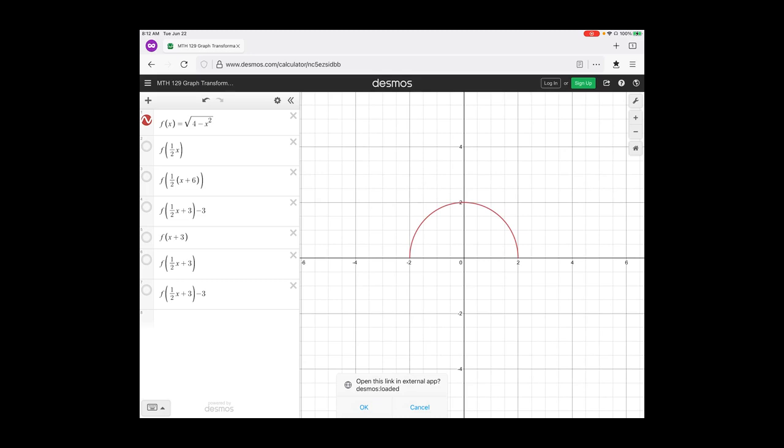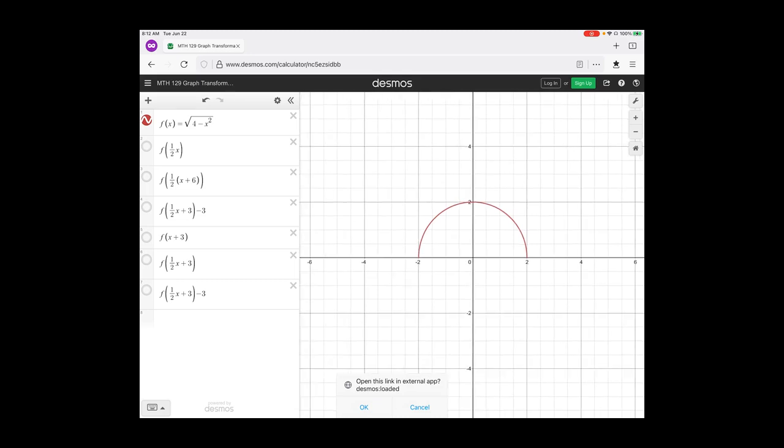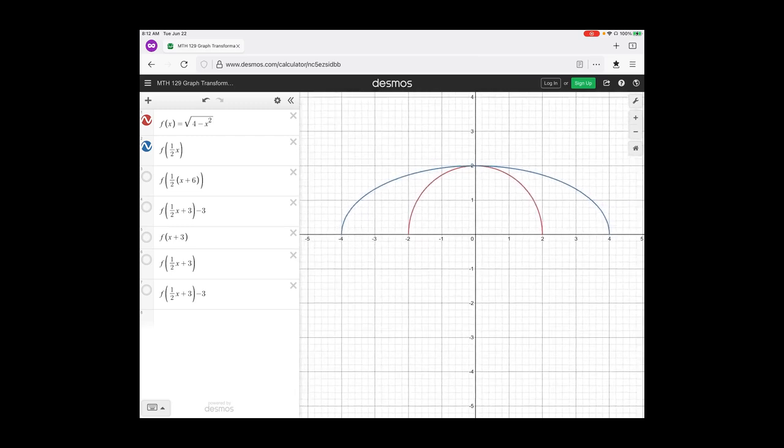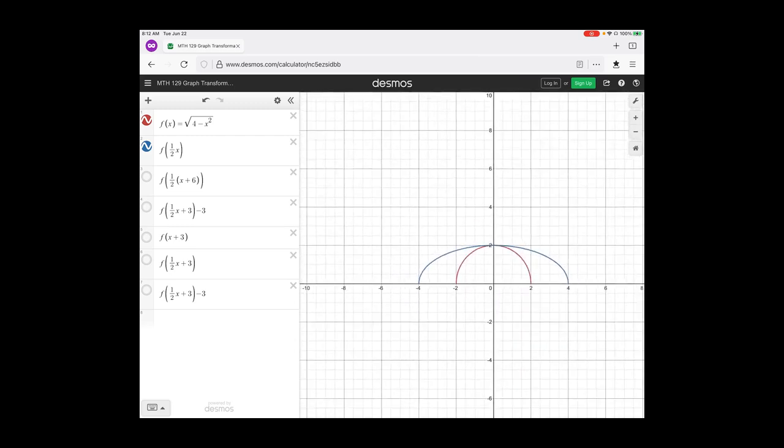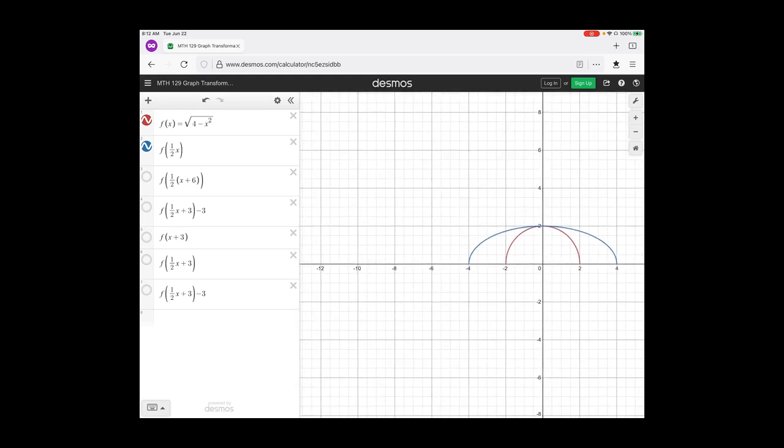Now, when we produce the graph of f of 1/2 x, that'll stretch horizontally our function by a factor of 2, producing this blue graph.